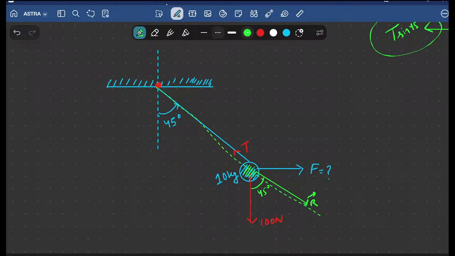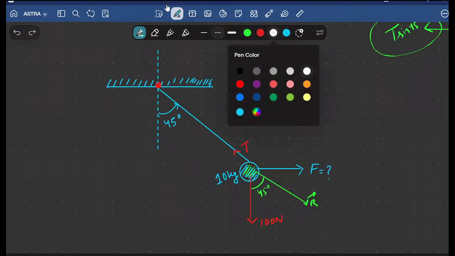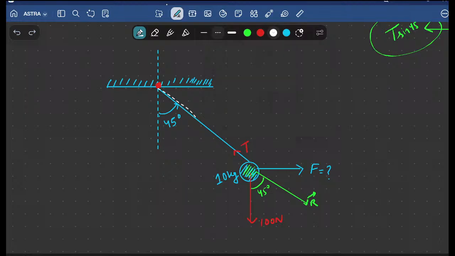Understand very carefully what I'm trying to say. Since T and R, that is tension and resultant, are acting opposite to each other, they are collinear. It simply means that this angle and this angle will be the same. Yes or no? Okay. Now listen very carefully.